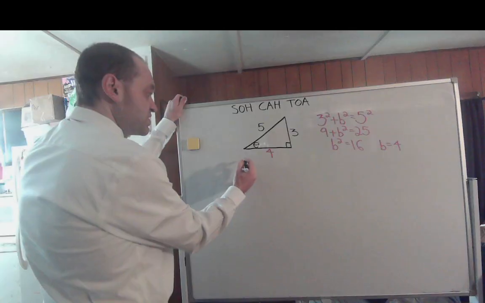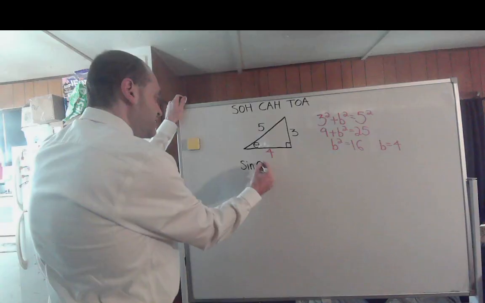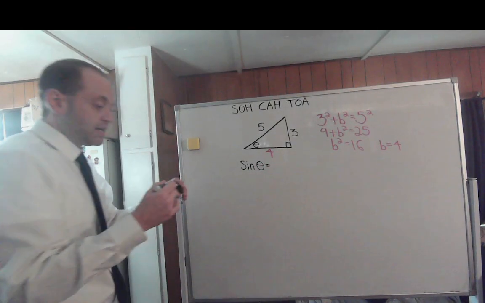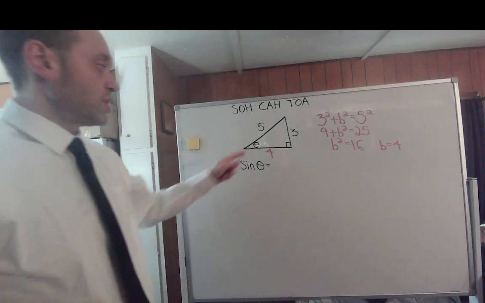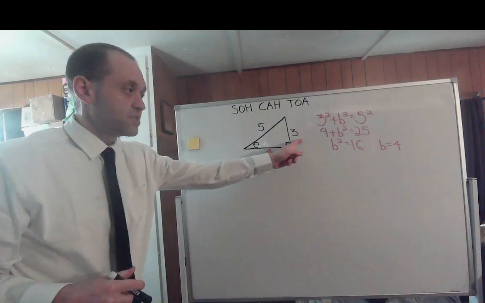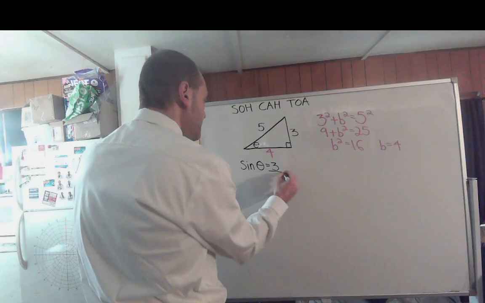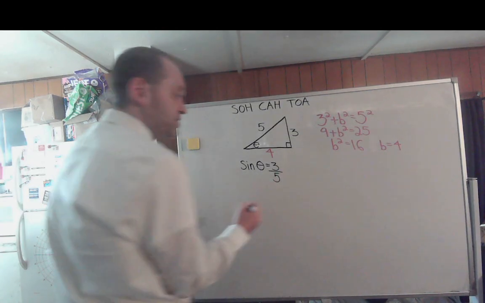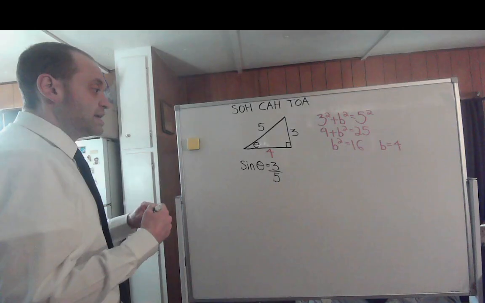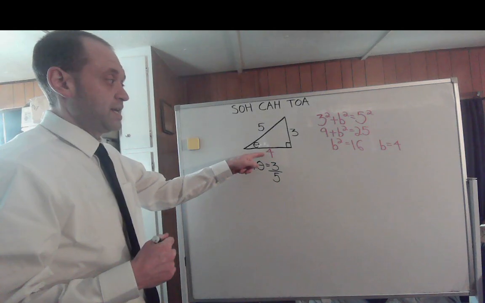So let's start with the sine of theta. So the sine of theta, that is simply going to be, of course, your opposite leg from the angle over your hypotenuse. So opposite is 3 over your hypotenuse of 5. So the sine of theta would be 3/5. Now let's find the cosine of theta. The cosine is your adjacent leg to the angle.